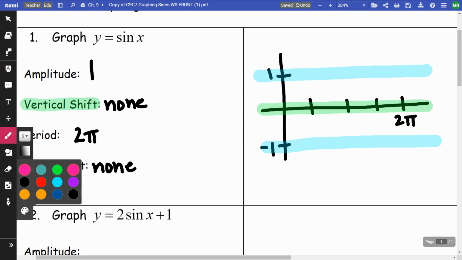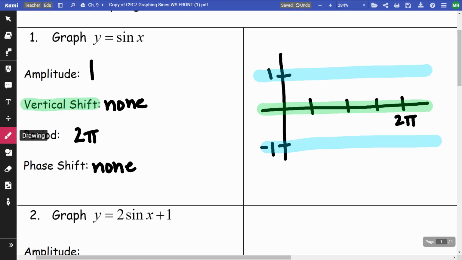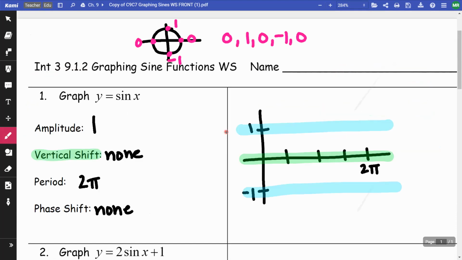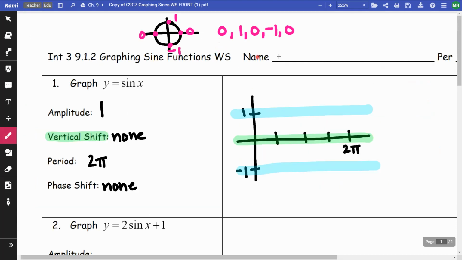So when I'm graphing this, again, I start at 0, I end at 0. So I have a 0 here, I have a 0 here, and halfway in between, I have a 0. That's actually at pi.